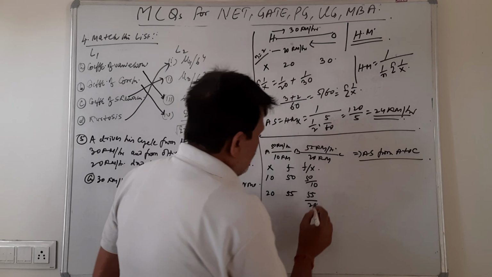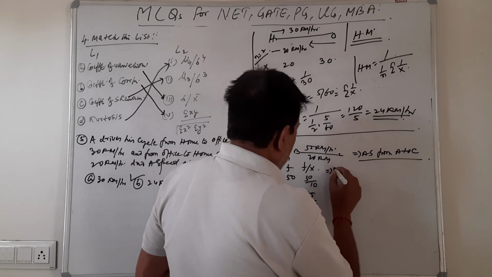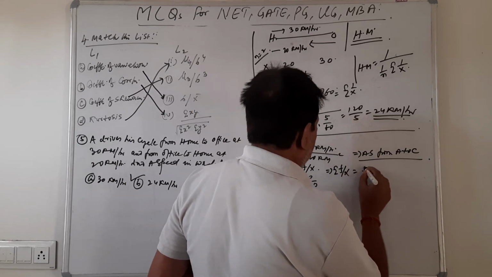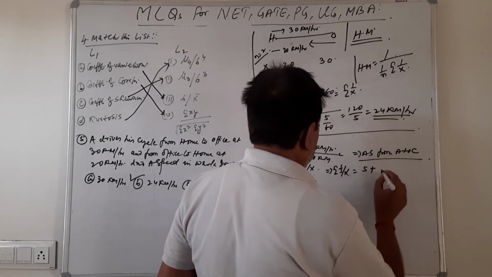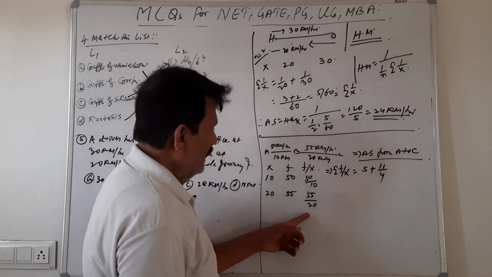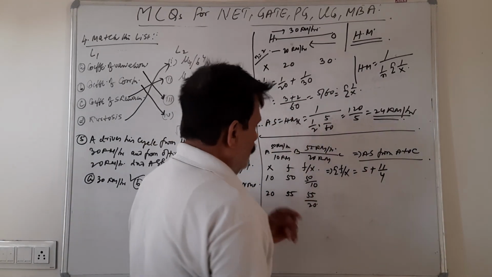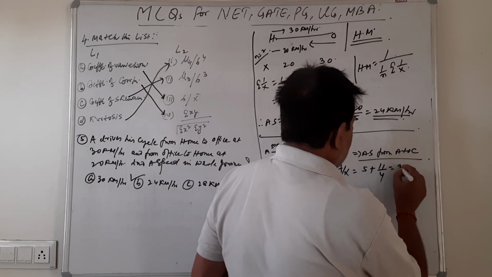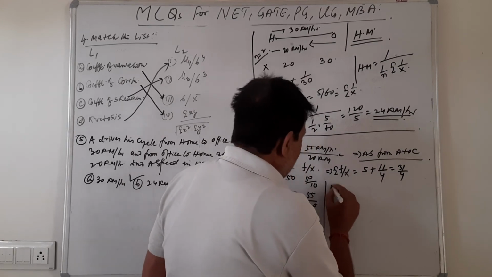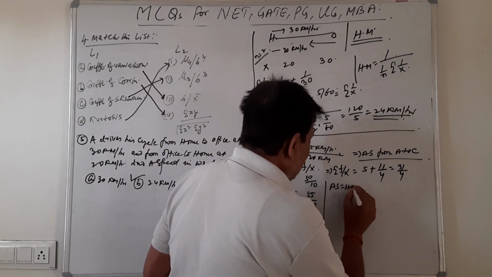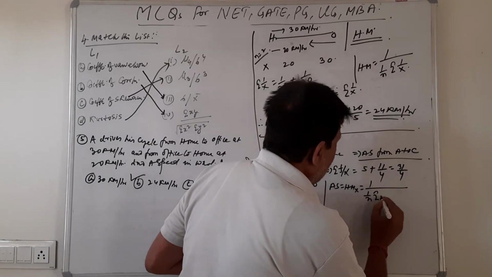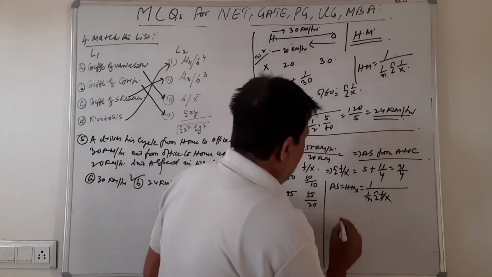20. So summation f by x is 5 plus 11 by 4, since 55 by 20 could be written as 11 by 4, and this is 31 by 4. Hence the average speed in the entire journey, HM of x, is 1 upon 1 by n summation f by x.